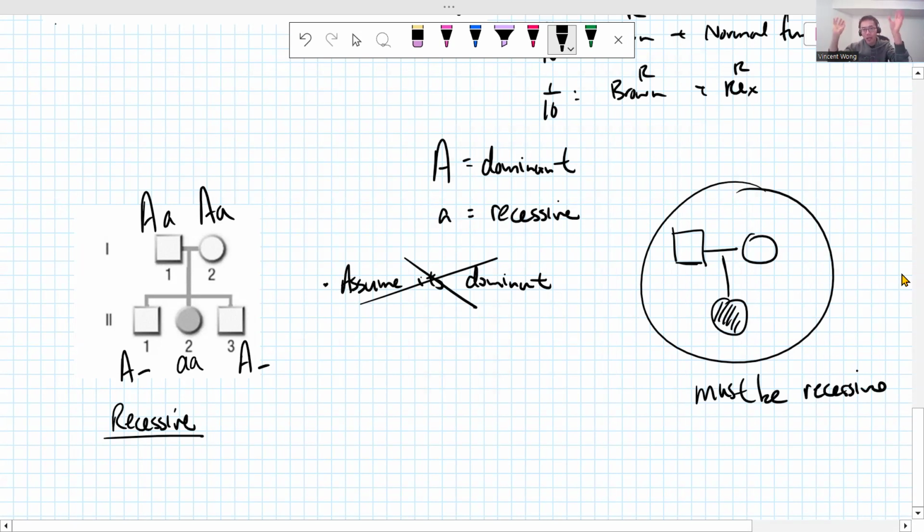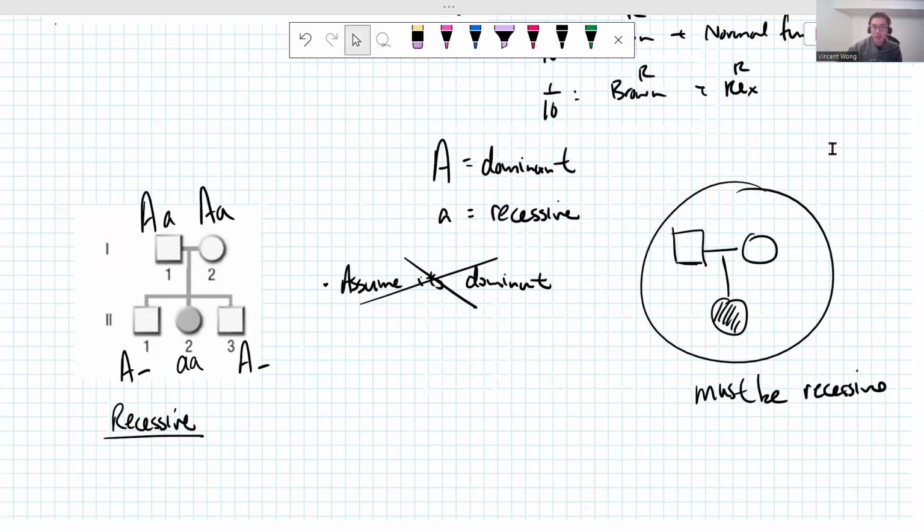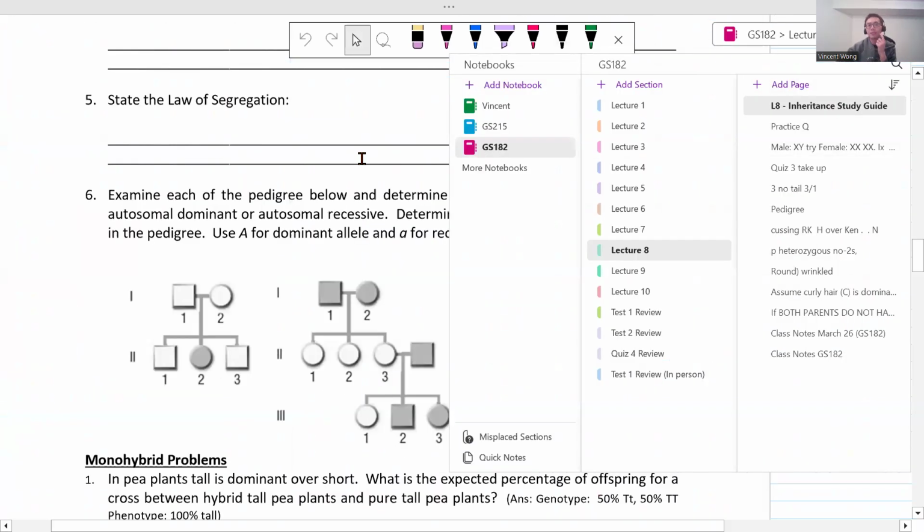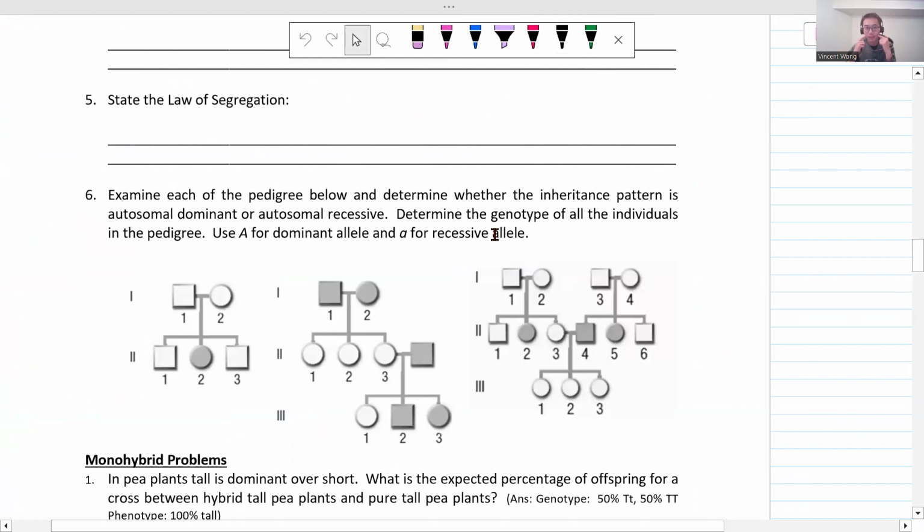Now let's take a look at the other one. What is dimple? Like when you smile, the little thing. Oh, okay.